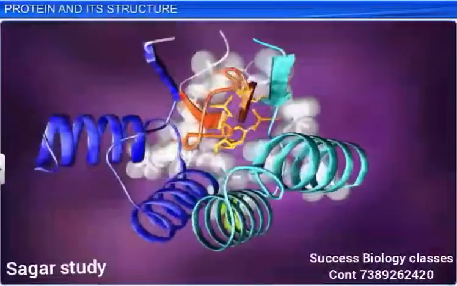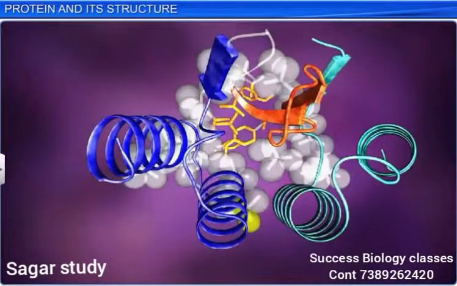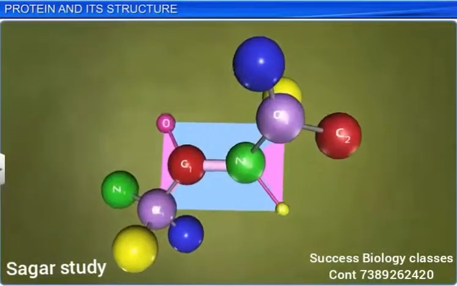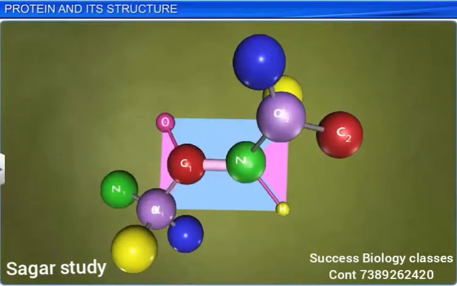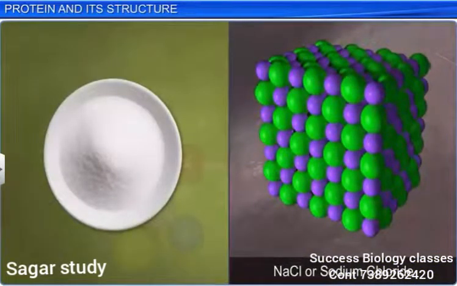Proteins form very interesting three-dimensional structures. The structure of molecules is depicted differently in different disciplines. In chemistry, structure means the molecular formula. For example, salt is also known as sodium chloride or NaCl, where NaCl is the molecular formula and not the structural formula.